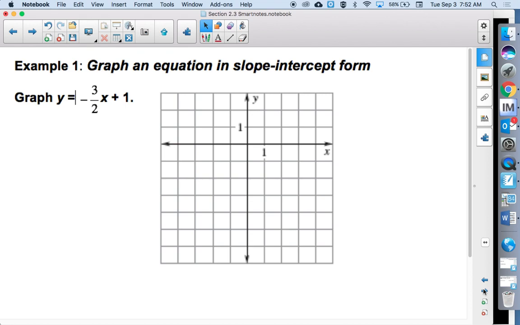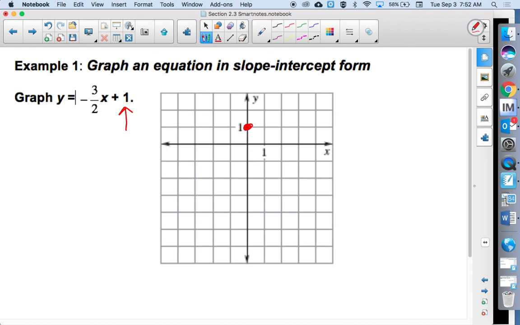Identify, find, locate the y-intercept. That's where you're starting. Where does the y-intercept get plotted? Nina? On the y-axis. Which one's the y-axis? Yeah, the vertical one. Y is vertical. So we're going up to the value of 1 on the y-axis.